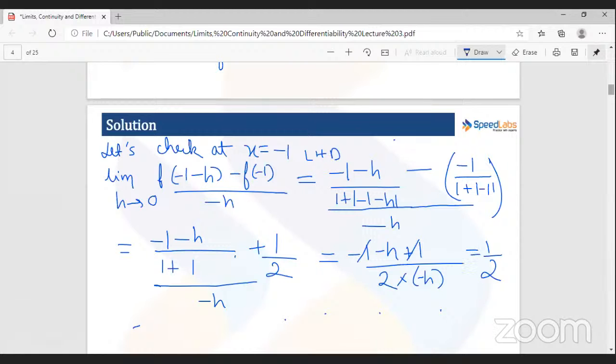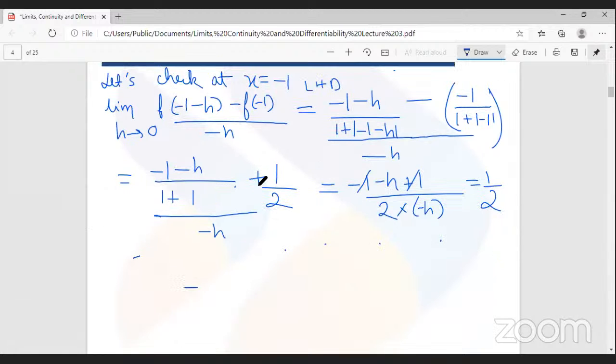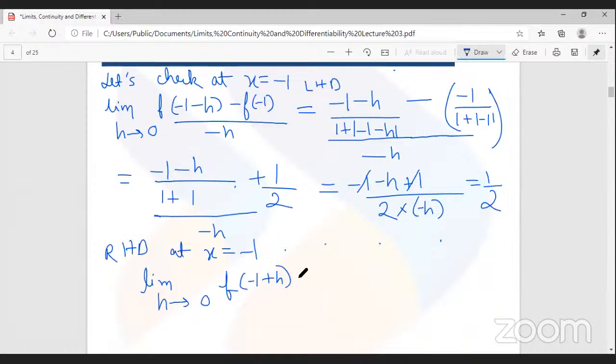Now let's quickly check for right hand derivative at x equal to -1. So right hand derivative at x equal to -1 is limit h tending towards 0, f of -1 plus h minus f of -1 upon h.